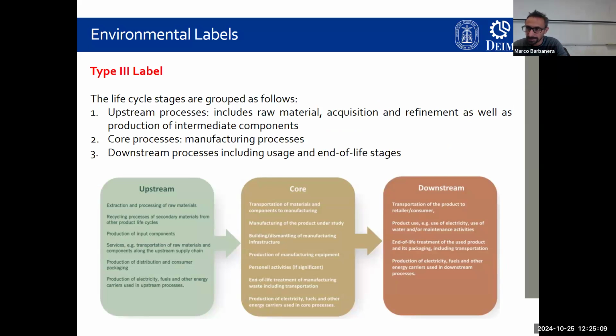Typically, upstream processes include raw material acquisition, refinement, production of intermediate components. Core processes instead are related to the manufacturing processes, and at last, the downstream processes include the use phase of the product and the end of life stage of the product.